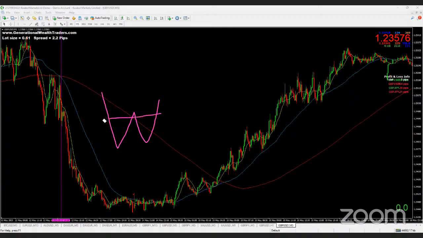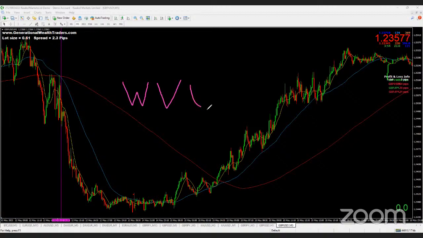You can either look for a W pattern if you're buying, or you look for a V, or guess what? In this case, you look for a U. This is more of a U. You could say it's an extended W, but it's more of a U.